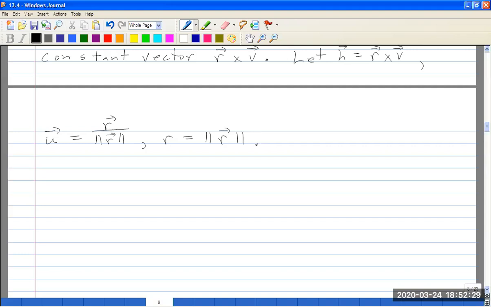If I don't put a little vector on it, it means that it's a scalar.